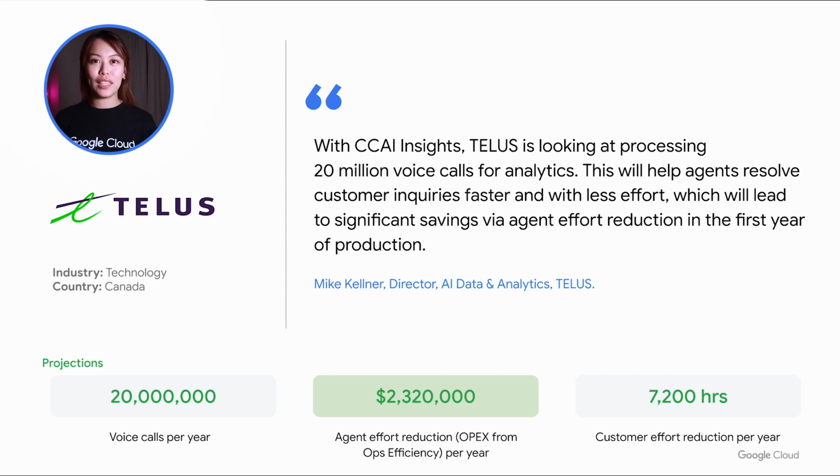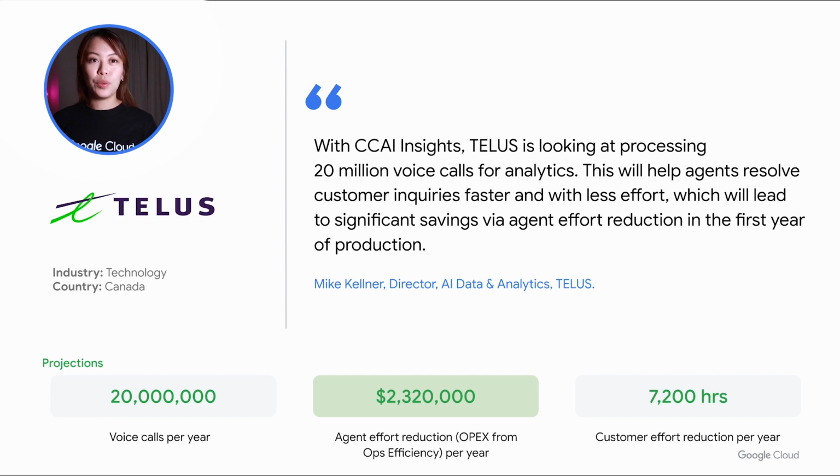We are happy to share our customer success story from TELUS. From the data in 2021, they service 20 million customer conversations per year. Imagine if we could transcribe every customer call into a customer intent that we could take action on. The CCAI will give them the transcribed data asset of customer intents for every customer call.